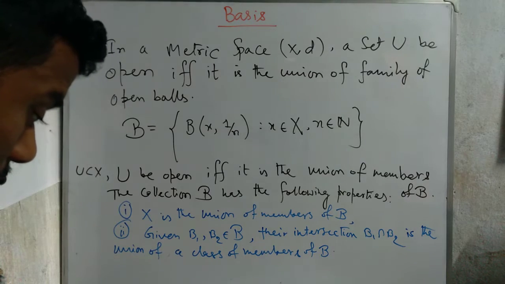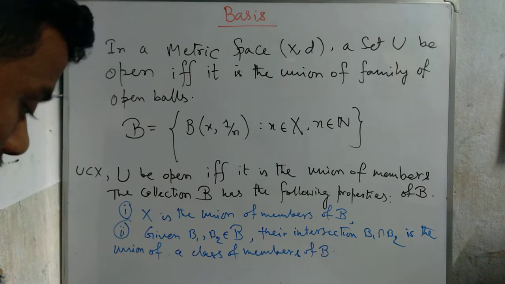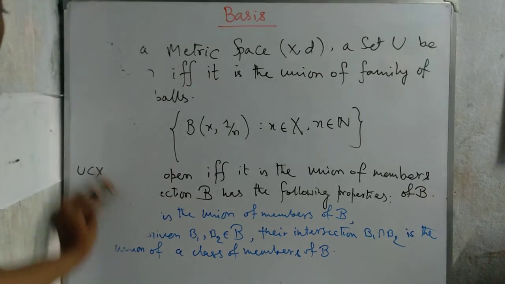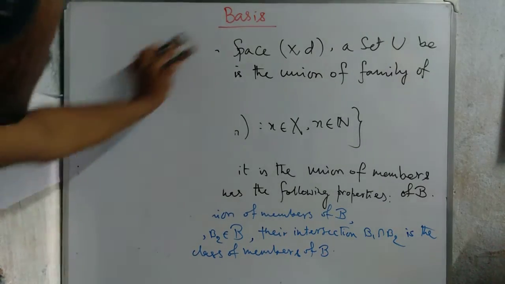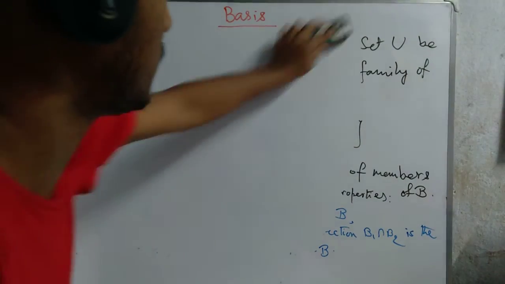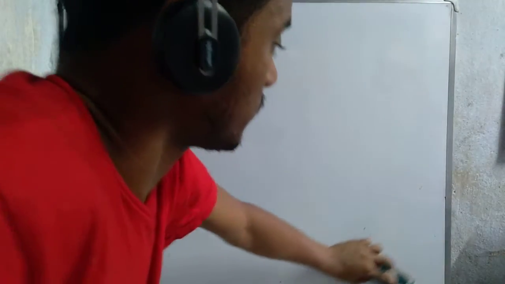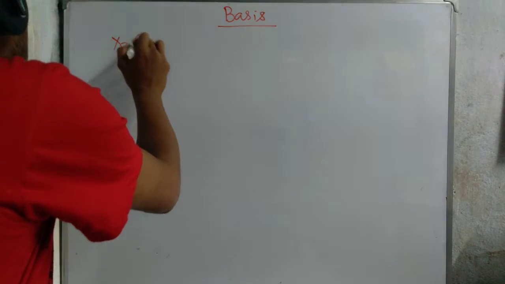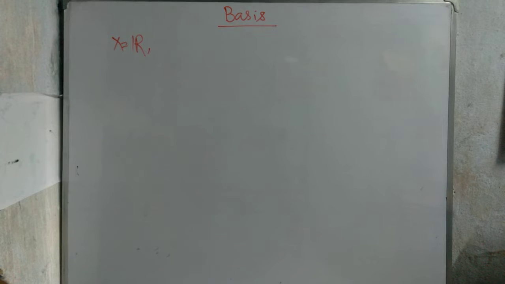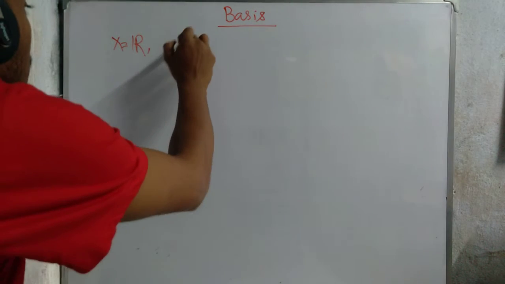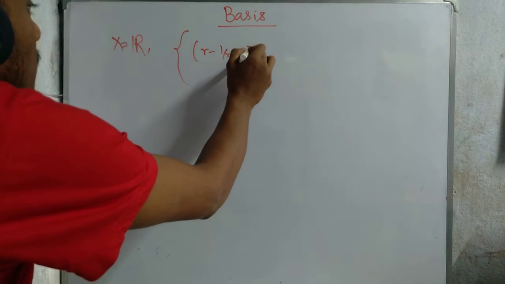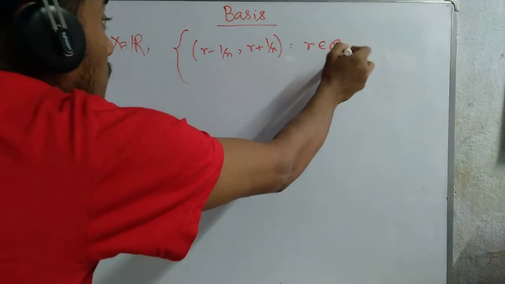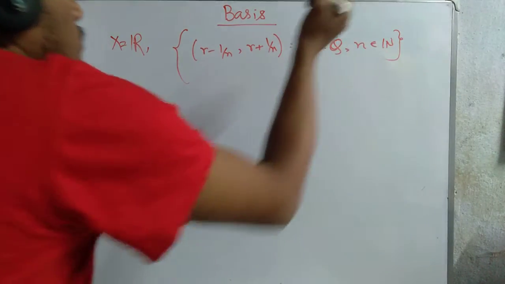Then we also go on to discuss another property. If X equals R, then we take the intervals (r minus 1/n, r plus 1/n), where r is greater than 0 and belongs to Q, and n belongs to the natural numbers.